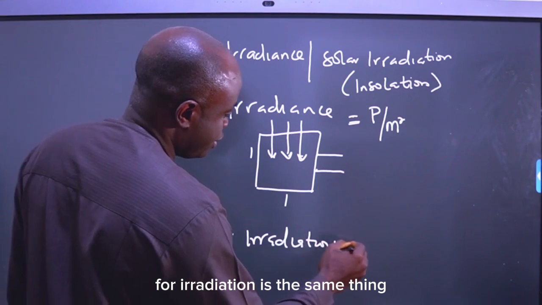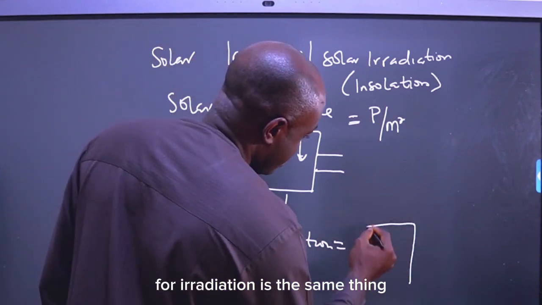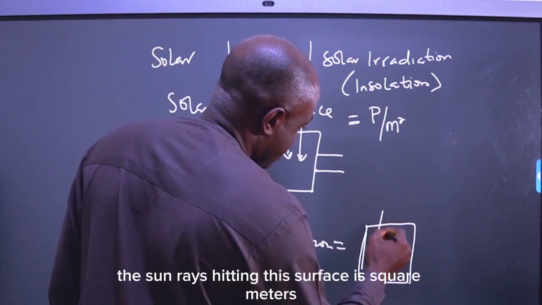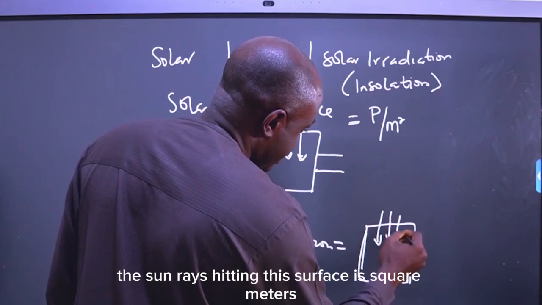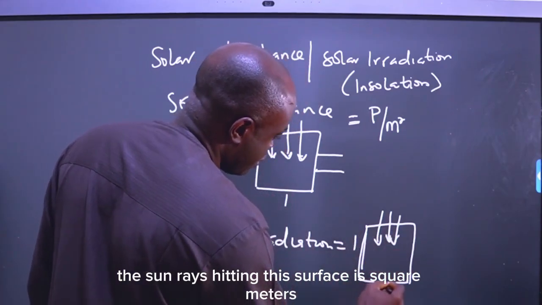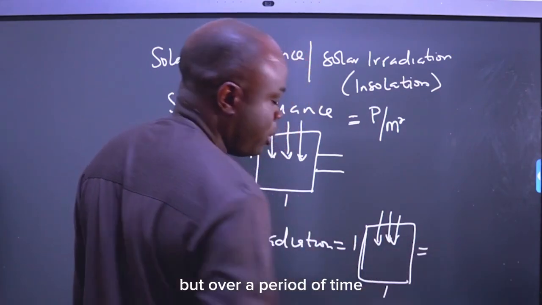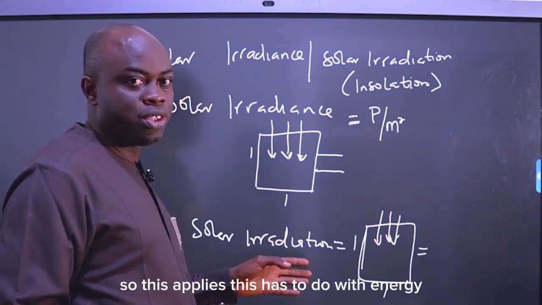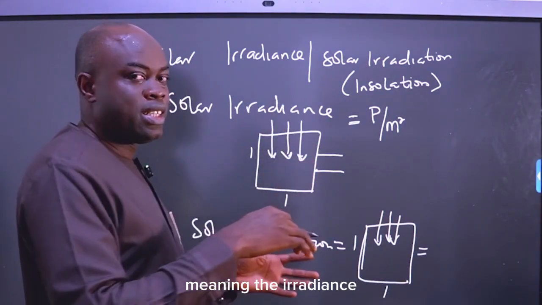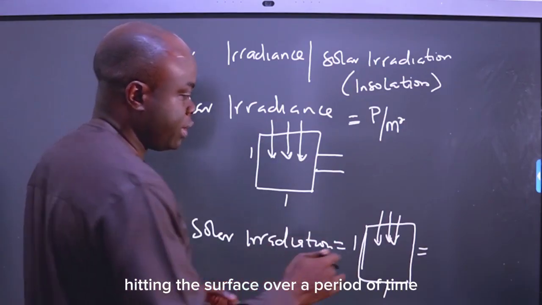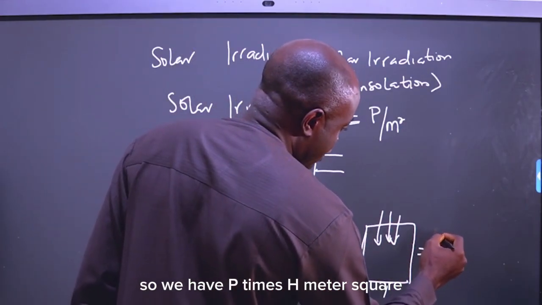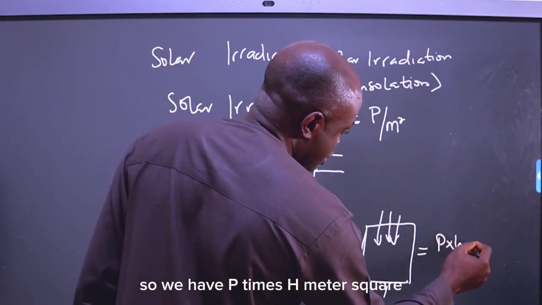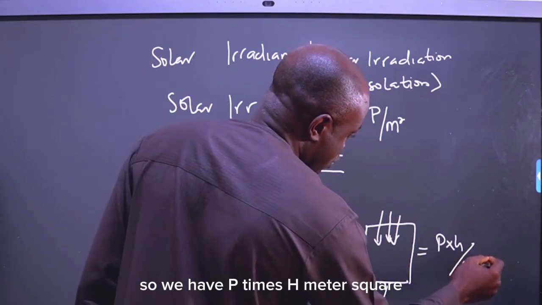Irradiation is the same thing, the sun rays hitting the surface in square meters, but over a period of time. So this has to do with energy, meaning the irradiance hitting the surface over a period of time. So we have P times H per meter square.